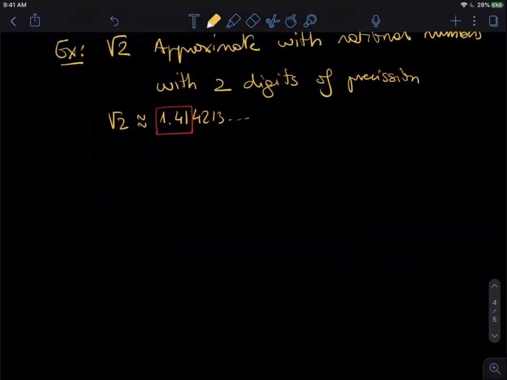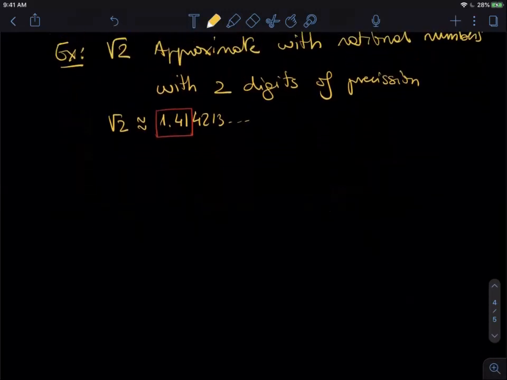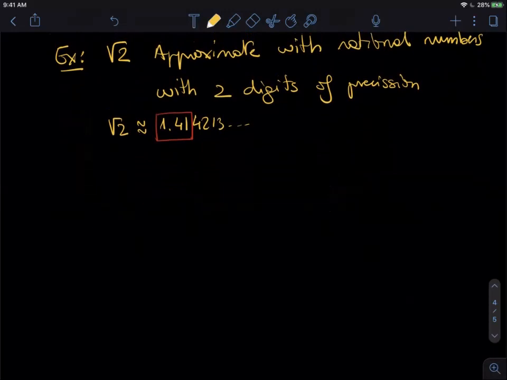Now, in the previous video, we said this property that in between 0 and 1, there were infinitely many rational numbers. And we proved this, saying that we could always find a number in between those. Okay, so we are going to use the same idea. So the first thing, let's do a rough estimate here. I claim that the square root of 2 is in between 1 and 2.